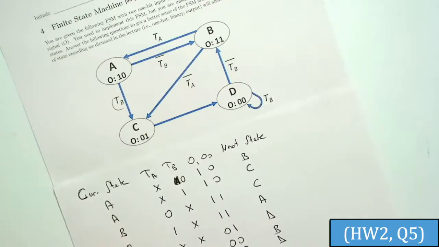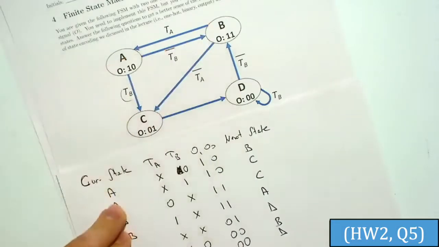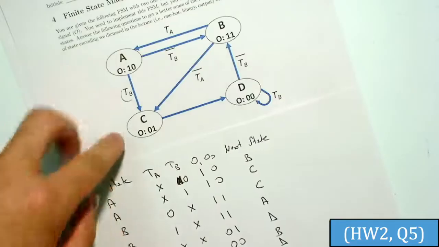So let me see if everything looks good here. TB 0 will go to B, and TB 1 will go to C, right?